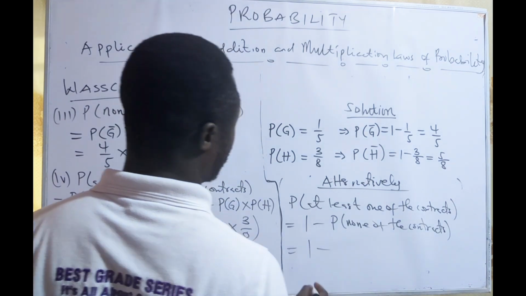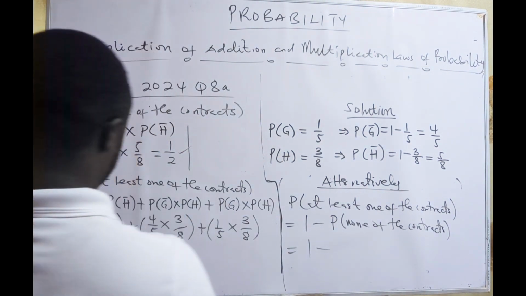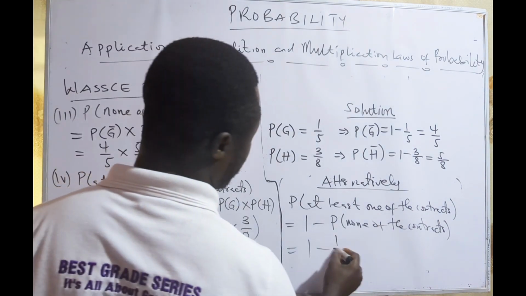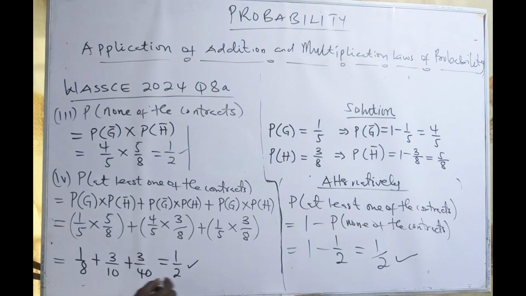So 1 minus, when you worked for none, what did we get? We had 1 over 2. So this is the none. So 1 over 2. And what is 1 minus 1 over 2? 1 over 2. This is the same as this one. So that is another way you can work the probability of at least 1: 1 minus none will give you at least 1.